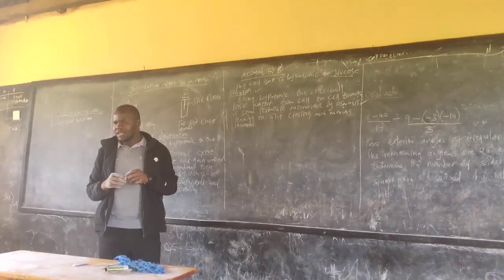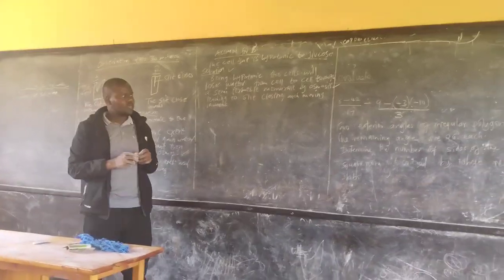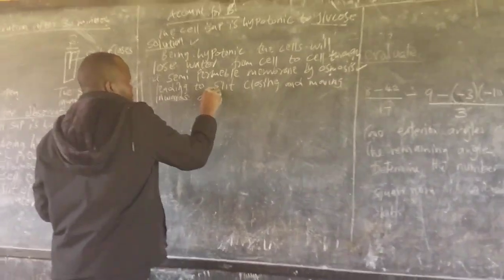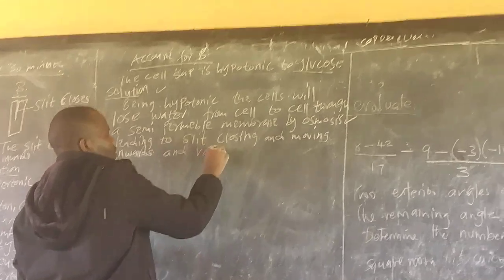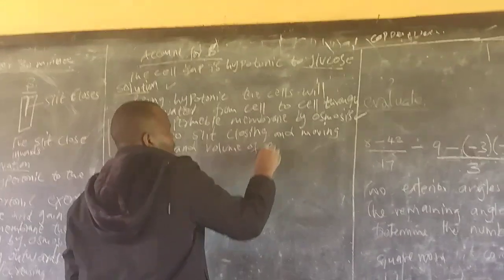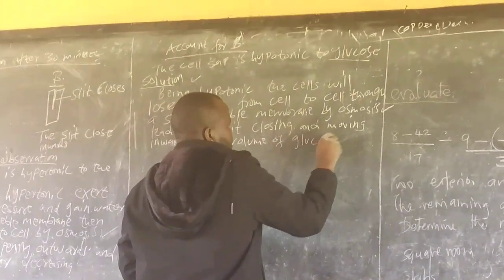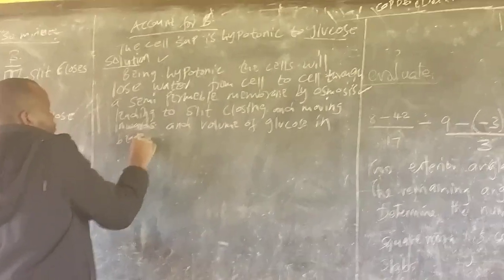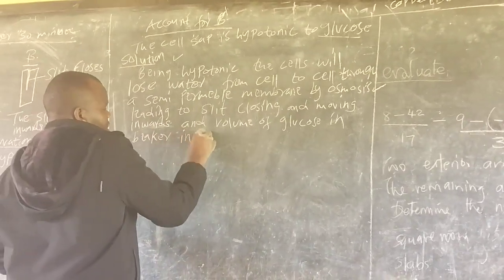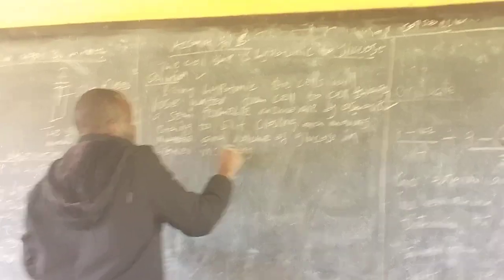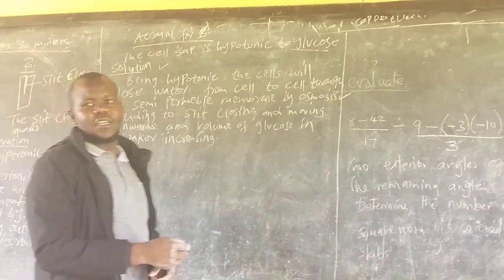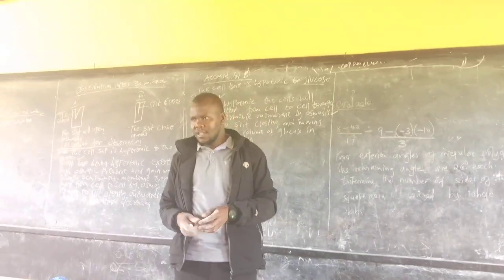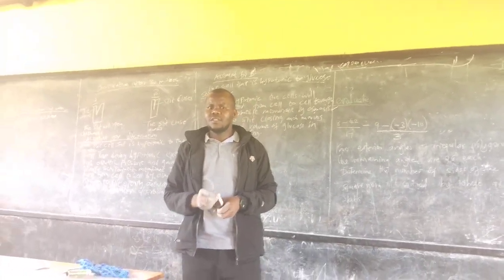Then what about the volume of the glucose? The volume of glucose in the beaker increases. Increasing. That is it, and that is the end. Is that clear? Yes. Have you understood? Yes.